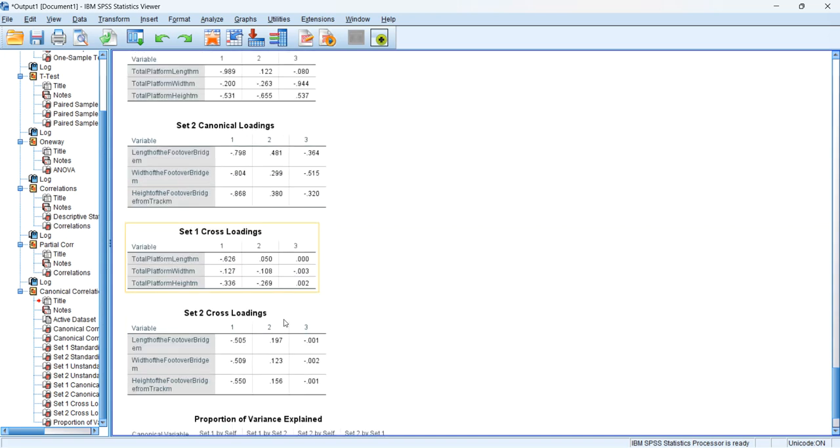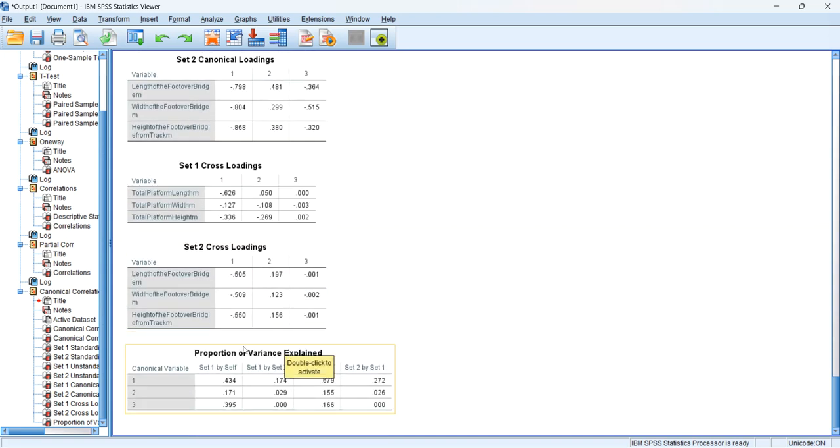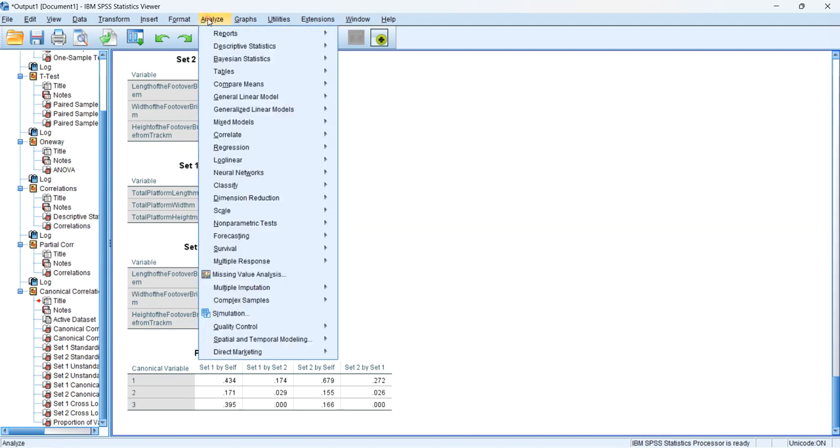First you need to go into the factor analysis, and then you can better analyze all those things. So set 1 by itself, set 1 by set 2, set 1 by set 3. Likewise you can go into the group correlation also. Those people who are working with different factors can go into the canonical correlation.